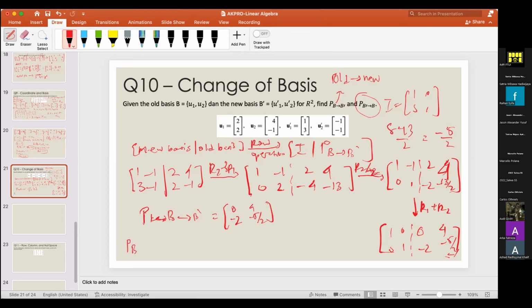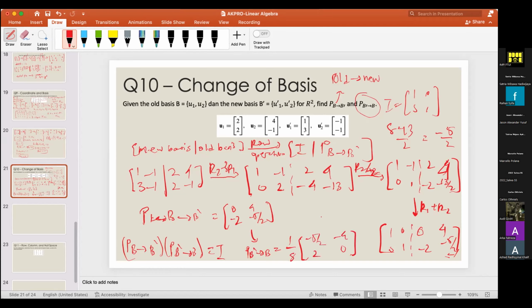Because those two matrices have this relation, equivalent to I. And so the inverse of this is over the determinant.